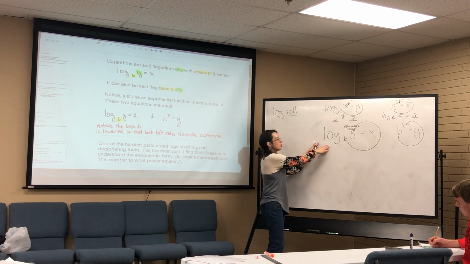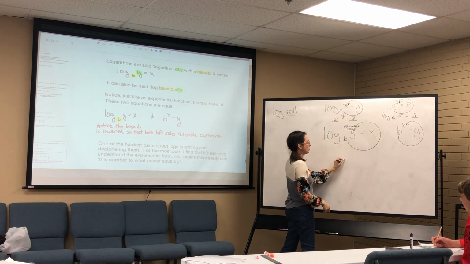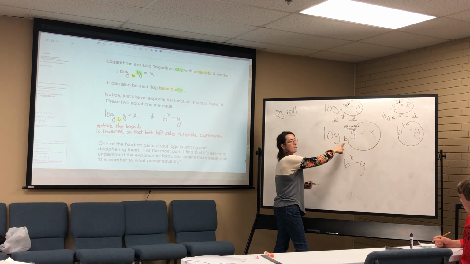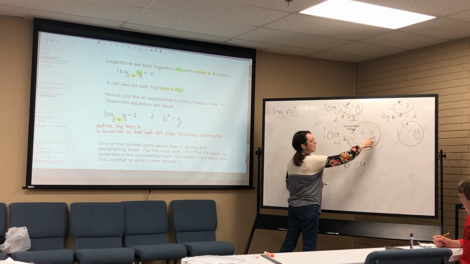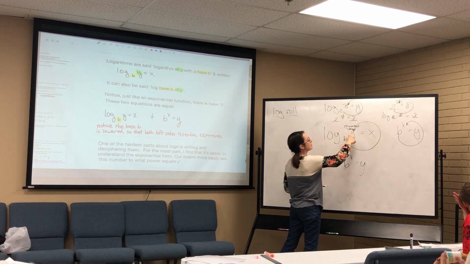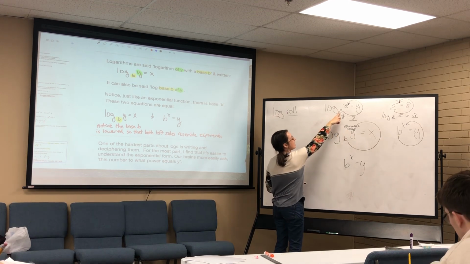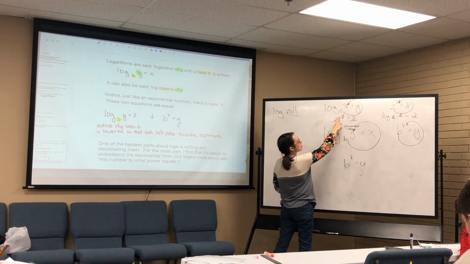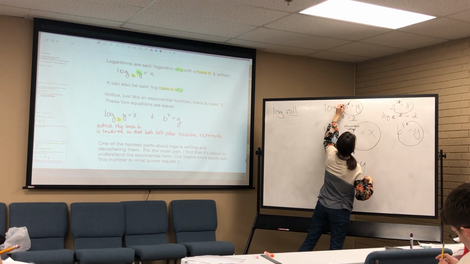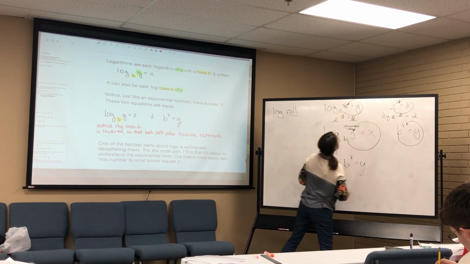So when we work with a log, because I followed around, I had bx equals y, what base raised to some power equals y? So in this case, I had 2 raised to what power equals 3? That's not a good one. Let's do 8. There we go.